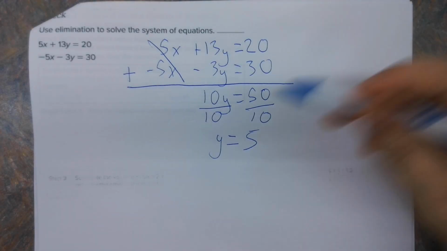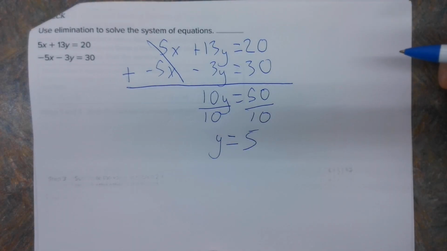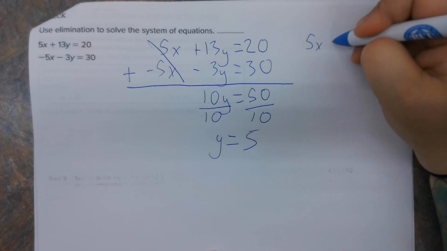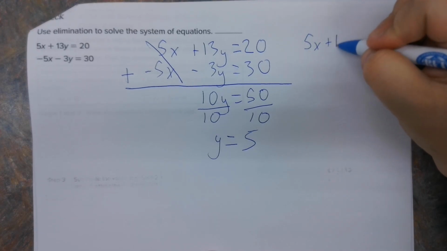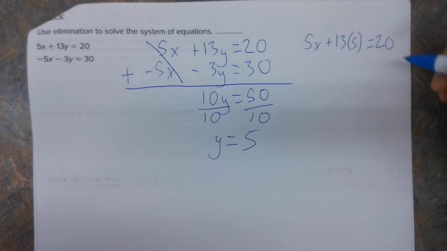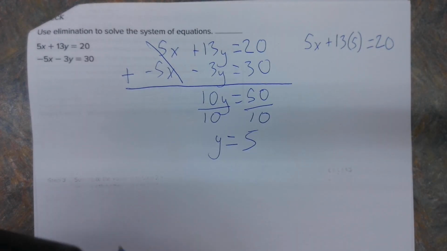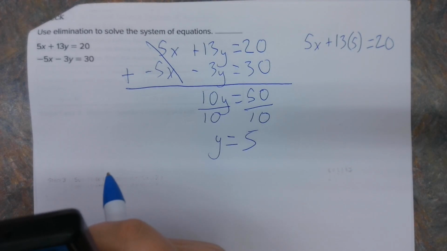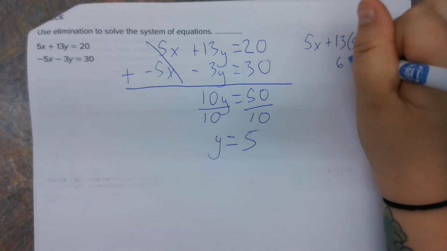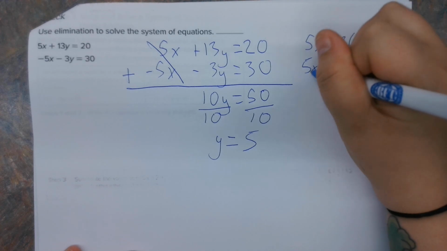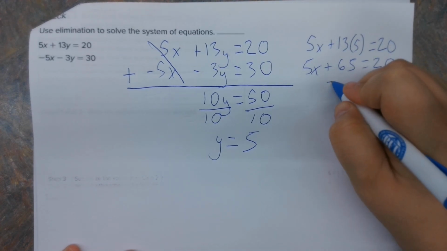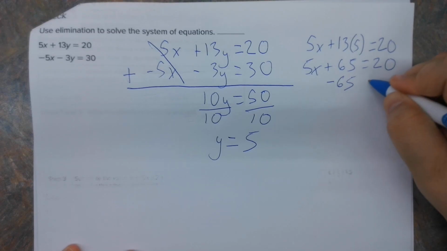Plug in for y to solve for x. I'm going to do the top one. 5x plus 13 times 5 equals 20. 13 times 5 is 65. Bring everything else down. I'm going to go minus 65.